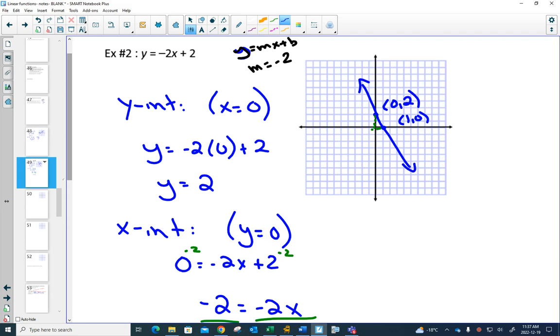Draw your graph, put your arrowheads on the end. But it's good if you are using one method to think of another method to check. So this time I used y equals mx plus b. I checked the slope, it matched up. It made me feel like everything was right.